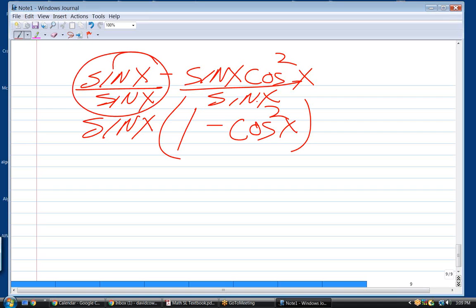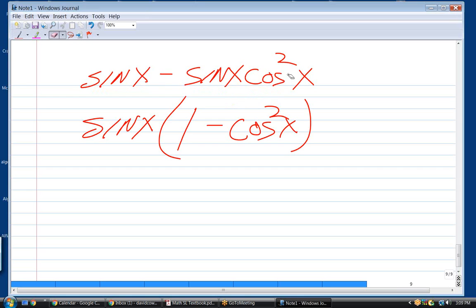That divided by that is cosine squared. So that's what you're doing when you factor something: you're merely dividing both terms by whatever that is. Now, well, I can do more stuff here. What's 1 minus cosine squared x equal to?